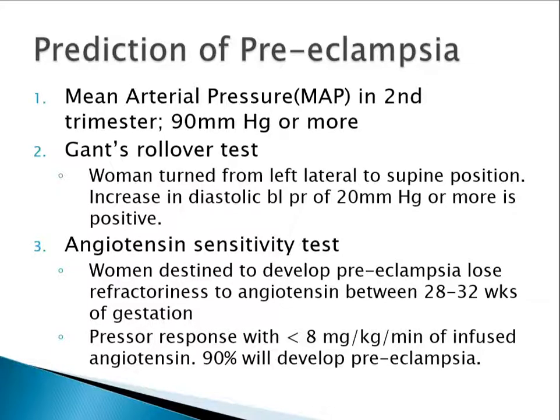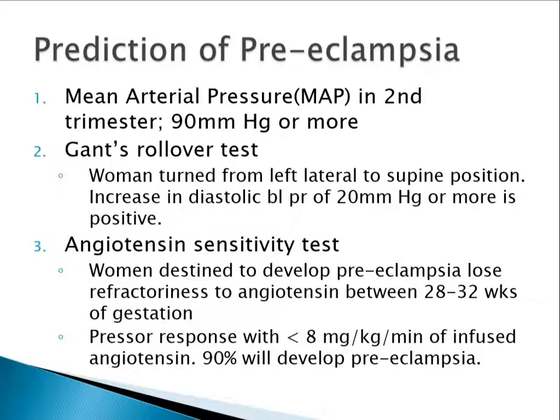Then Gant's rollover test. See, normally when the woman lies in the supine position, as pregnancy is advancing, because of the weight of the uterus, there is pressure on the inferior vena cava and the pelvic veins. So the blood accumulates in the lower limbs. Blood is not going into the heart, and so there is less pressure. What we call a supine hypotension syndrome occurs normally.